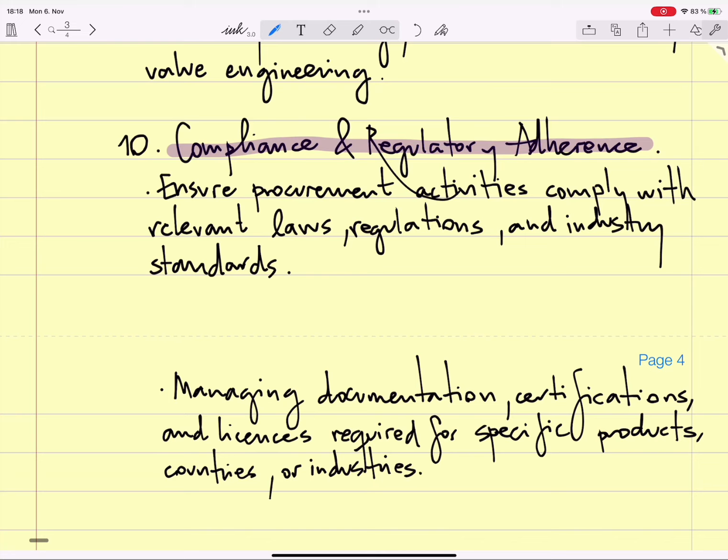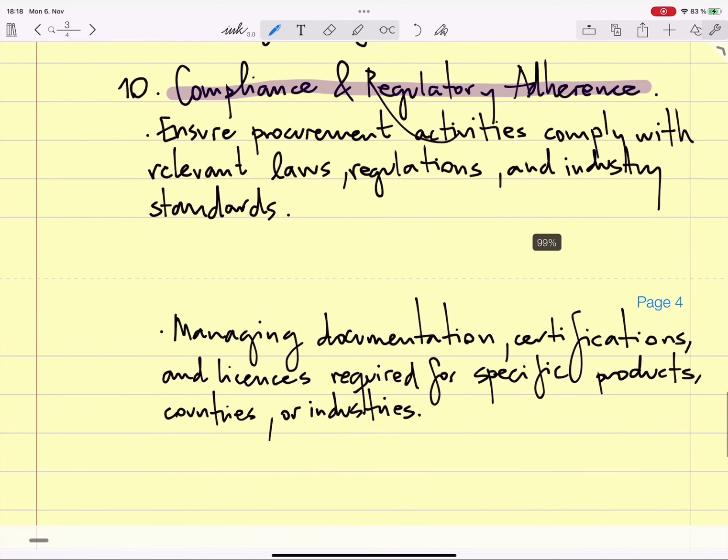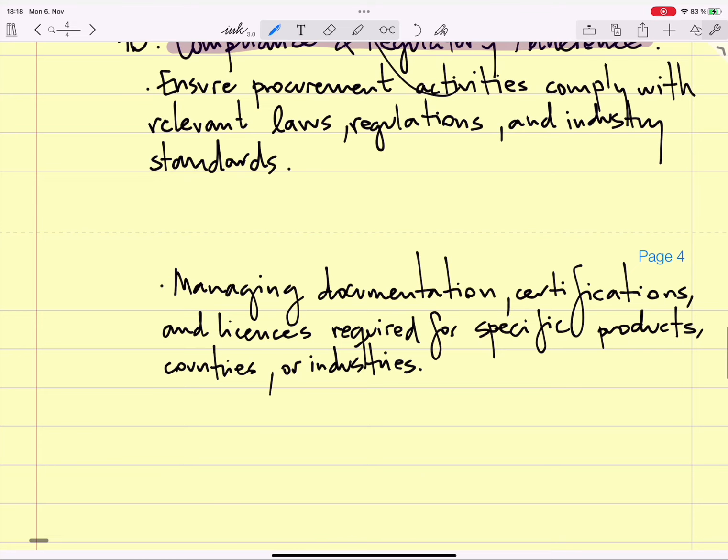So as I said, make sure you know the law of the land. If you don't know the law of the land, then you cannot work in supply chain management or in purchasing, in supply chain management purchasing.